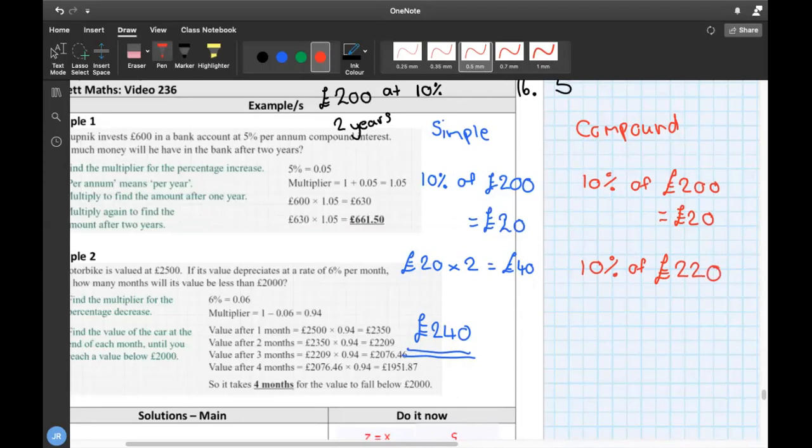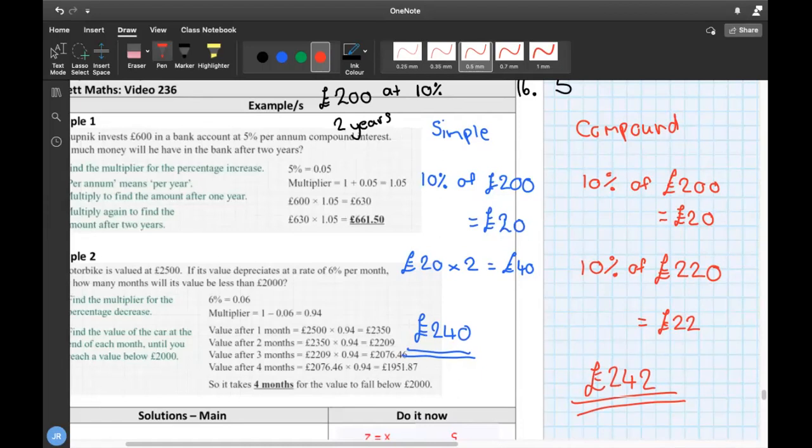And 10% of £220 is going to be 22. We then need to add that on. So 220 add 22 will give us 242. So as you can see here, the different type of interest will give you a different final result.